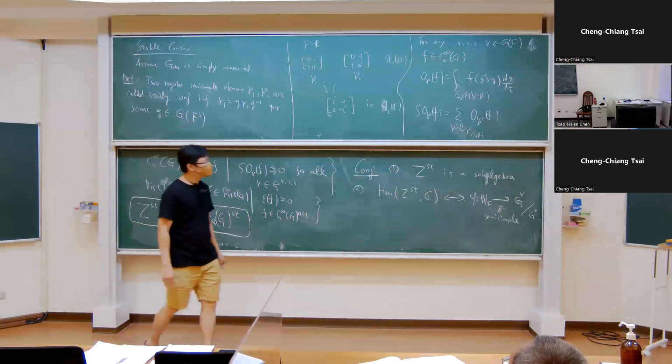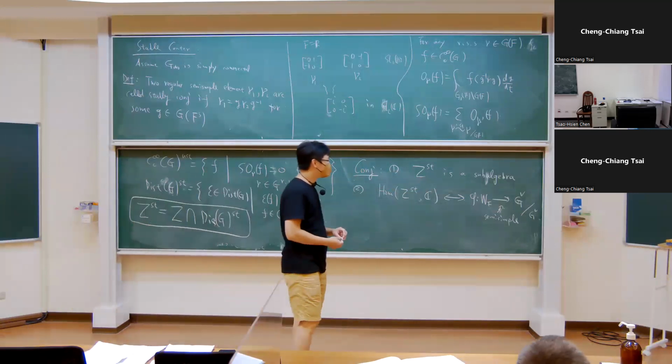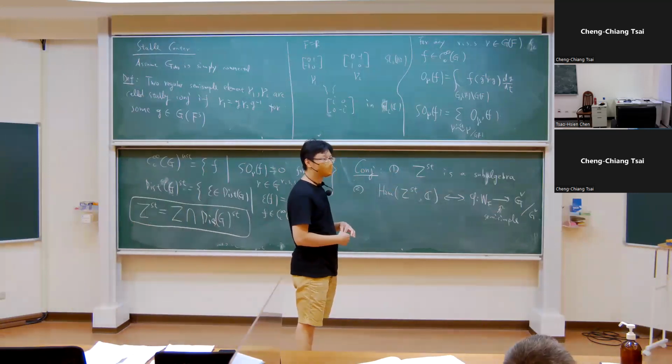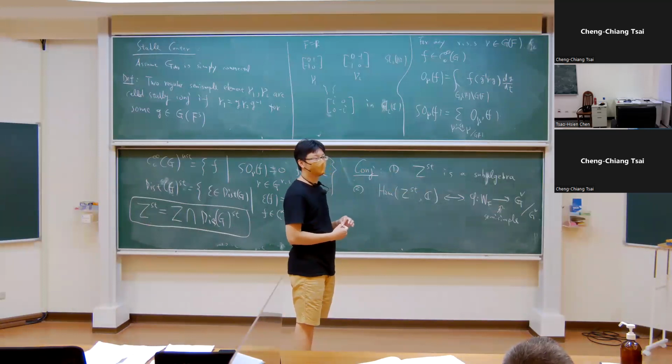They're Langlands parameters with some semi-simplicity condition on the Frobenius. But then for the stable center, there's a bijection with Langlands parameters.